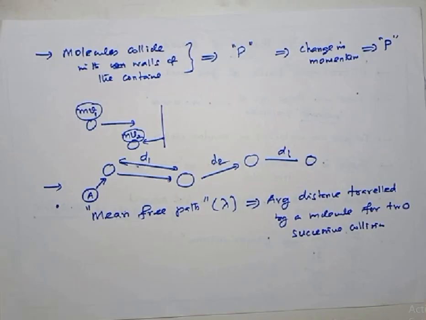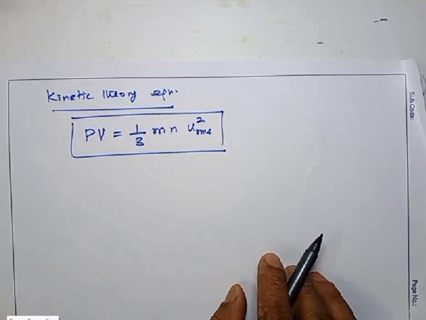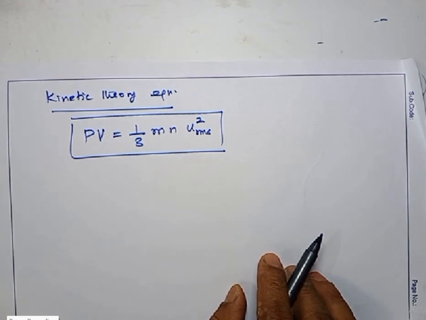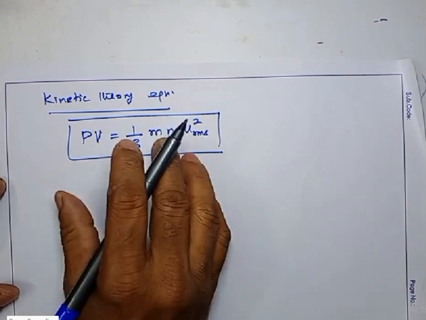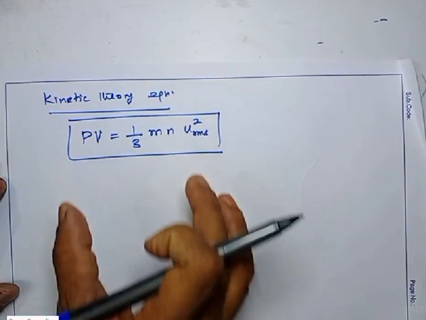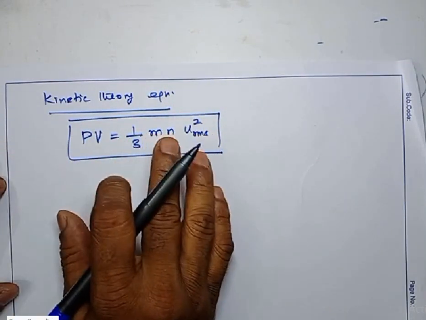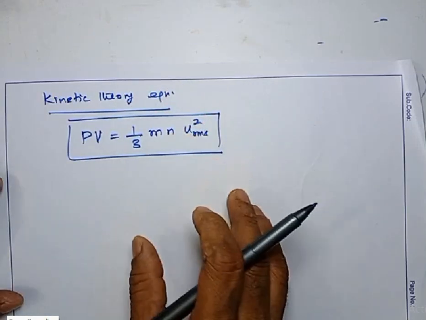Okay, take note. Listen. Based on the change in momentum principle, we can derive an expression for the pressure of the gas through a theoretical method. Here I am not going to discuss how to derive that equation.